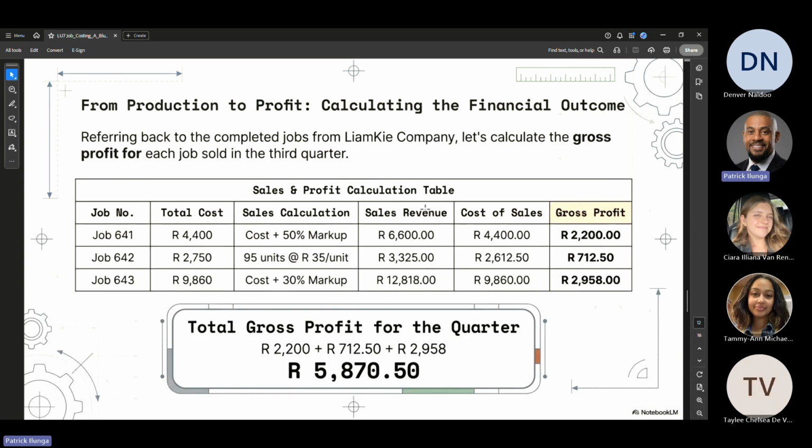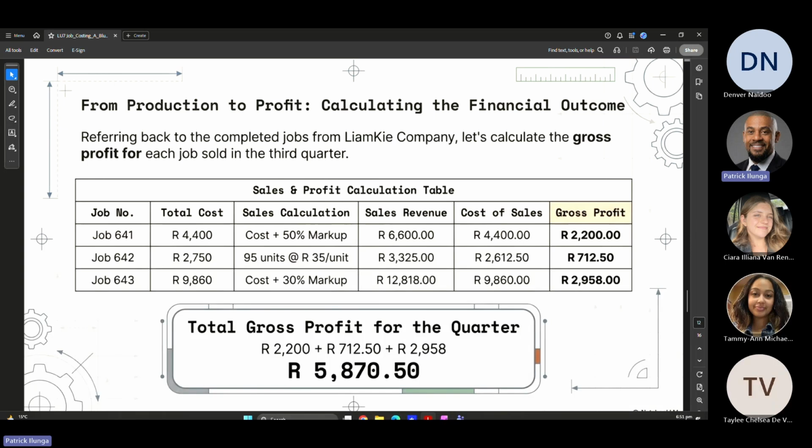So you take then the sales revenue minus cost of sales. But do you see that this one is different from this one? Why is that? Because it's 95 units and not 100 units. Absolutely, Denver. 100%. Denver, if it was up to me, you have already passed the exam.